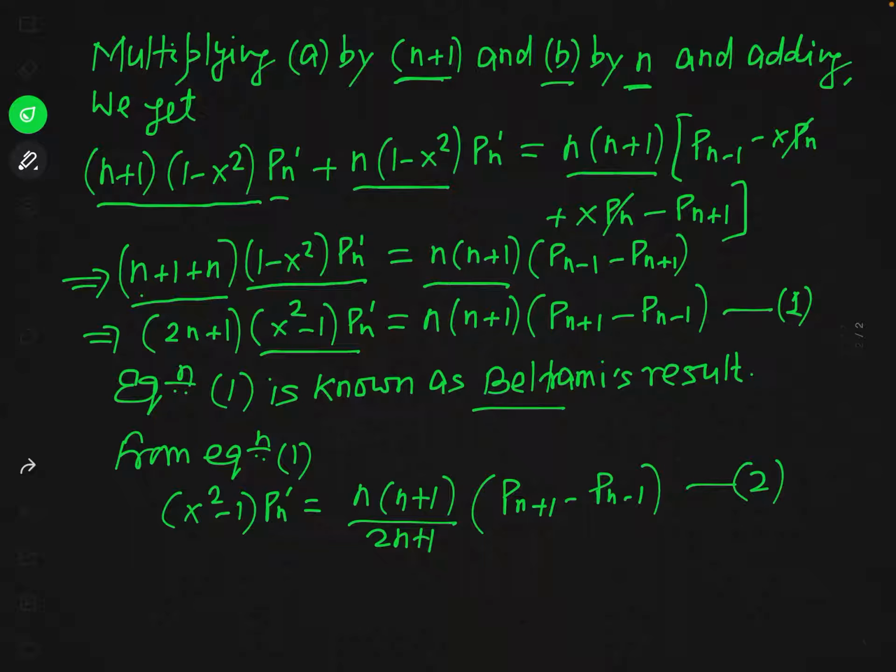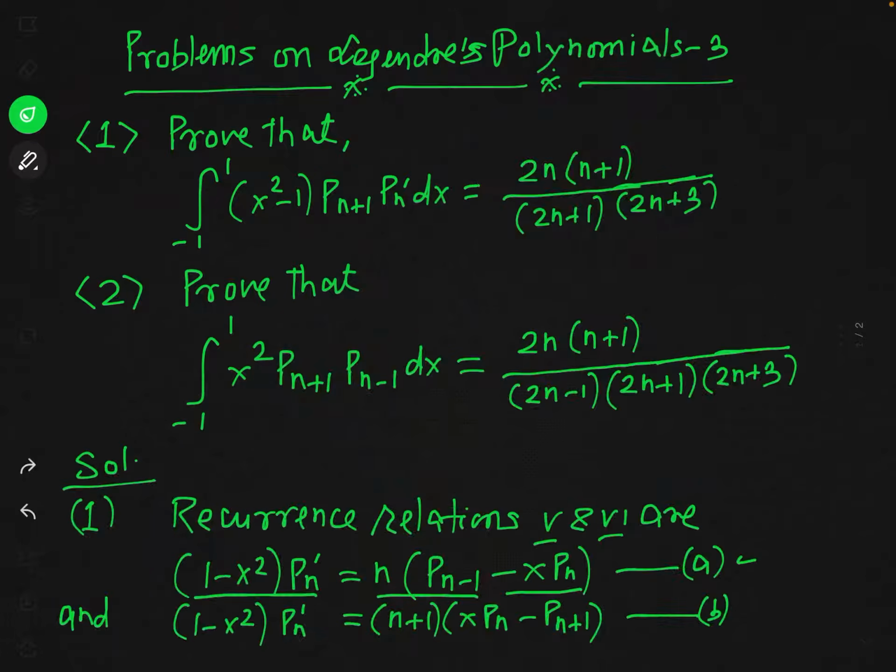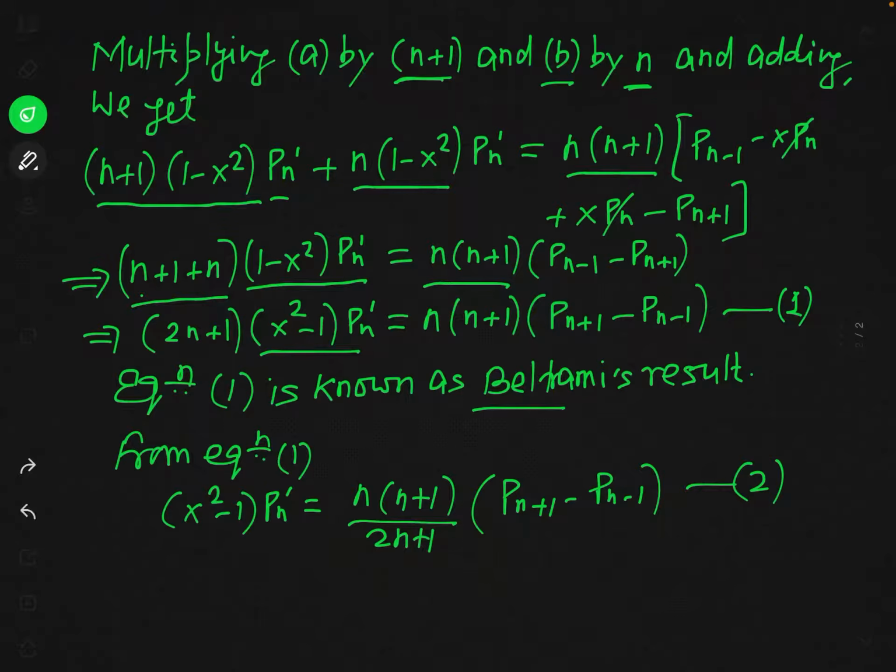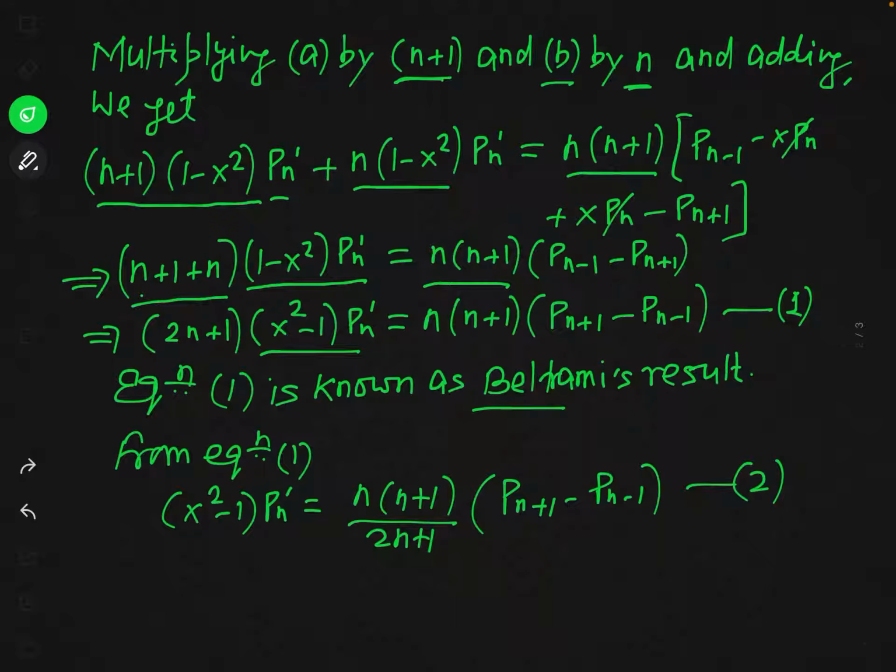Now to evaluate that integral, you can see the integral first. We have to evaluate the integral from -1 to +1 of (x square minus 1) into Pn plus 1 into Pn dashed. So, to evaluate that integral, we will simply multiply this equation 2, both sides, by the factor Pn plus 1.